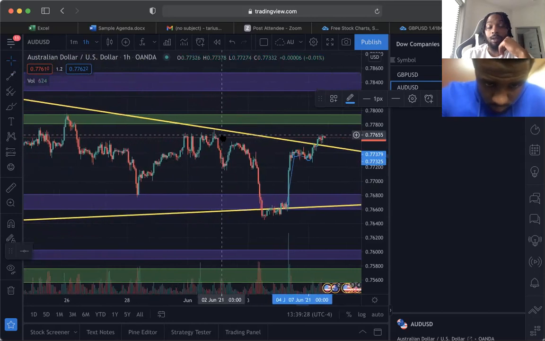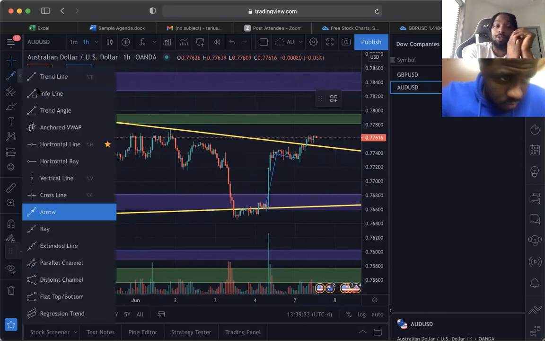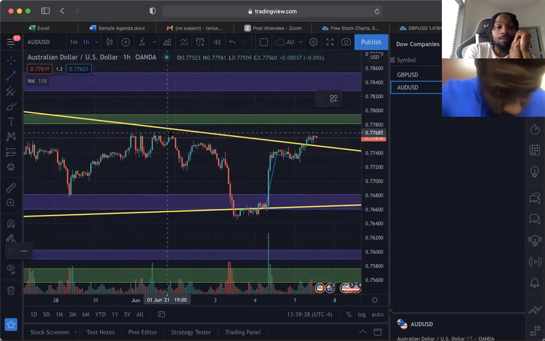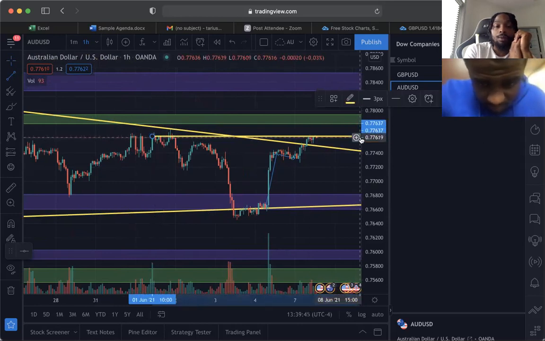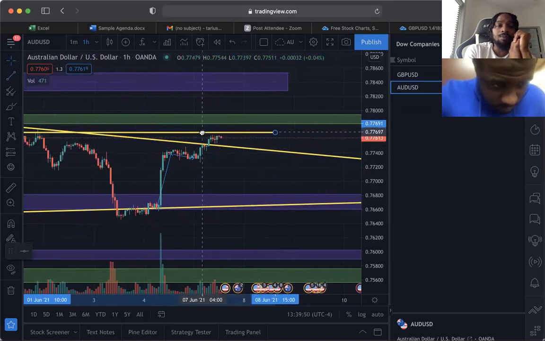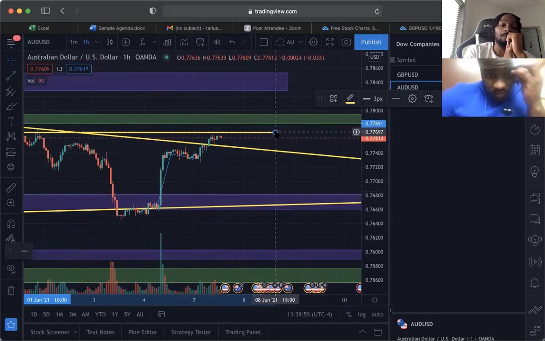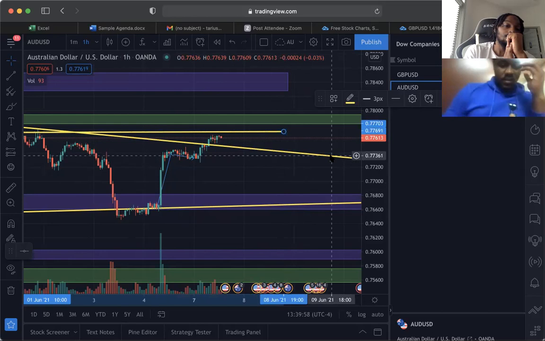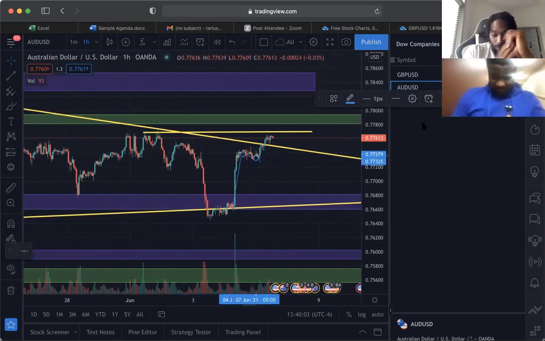Yeah, it'll end up turning into support if it pushes up for the retrace. And I could be looking to get in off of that. Yeah, and I would move that up some. Yeah, that's what I see.